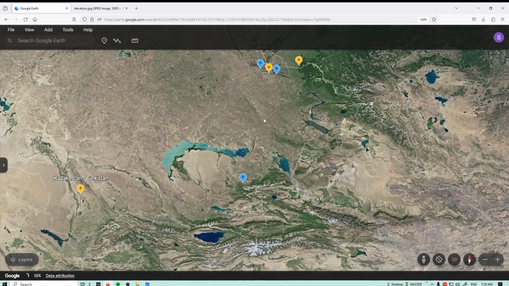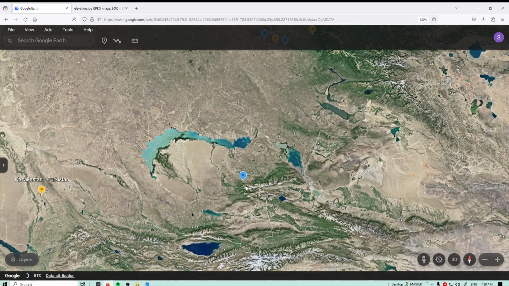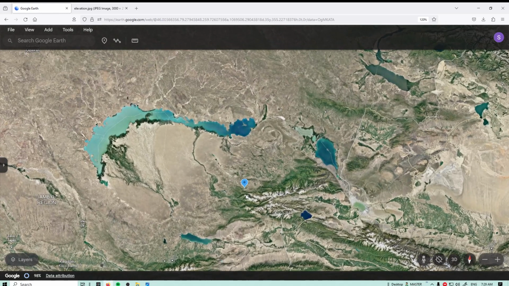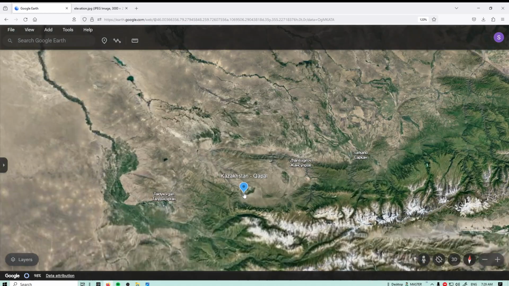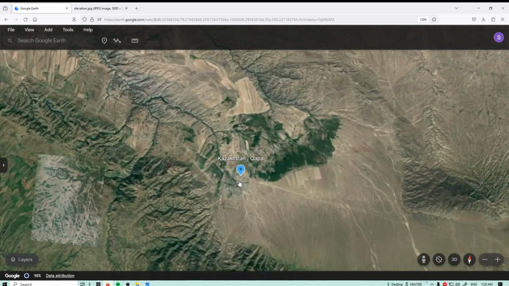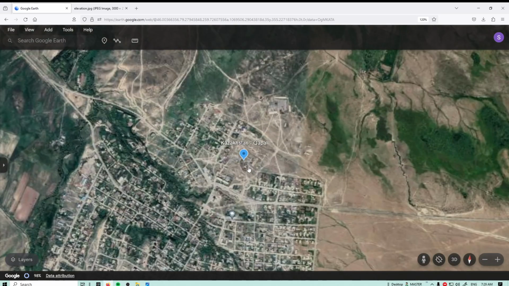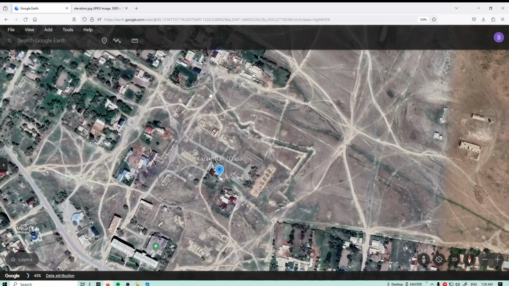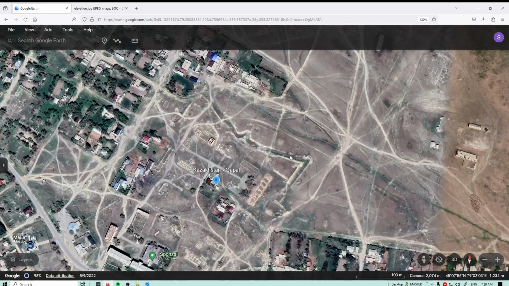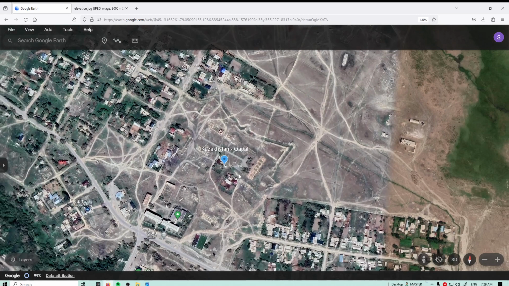Okay, so first we're gonna go in Kazakhstan, I think. Is it Kazakhstan? It's gonna load. So the first structure that we're gonna look at is just below the ground level. We can see parts of it, because of the shading, shades created by the sun.